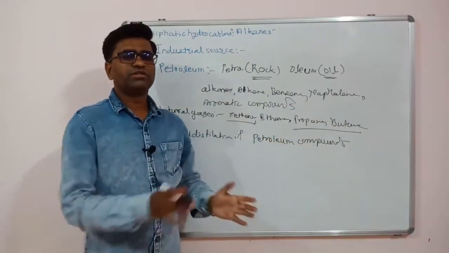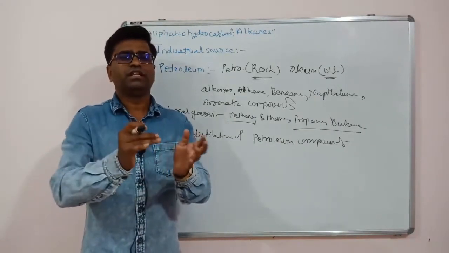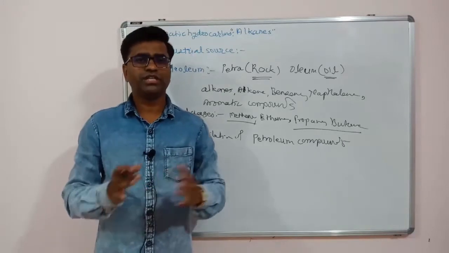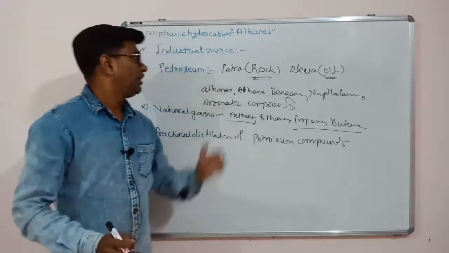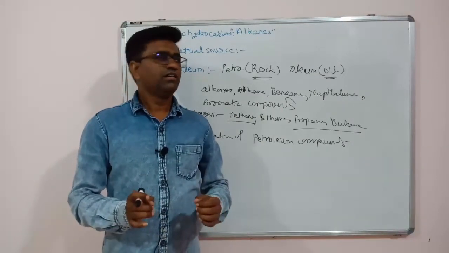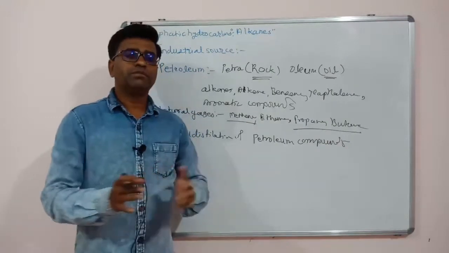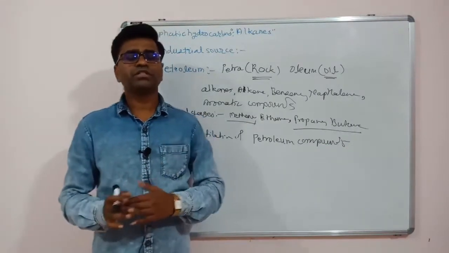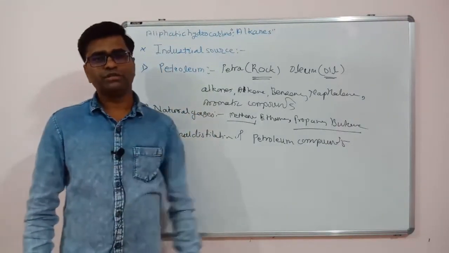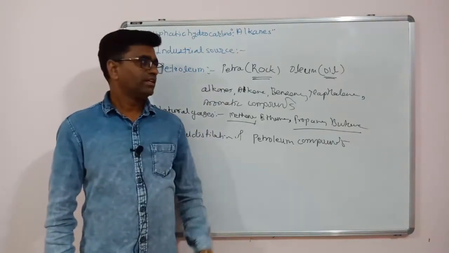So we have to do fractional distillation. According to their physical constants like melting points and boiling points, we can separate these alkanes. Apart from methane, ethane, propane and decane, so many other organic compounds we can get from the petroleum compounds by fractional distillation.